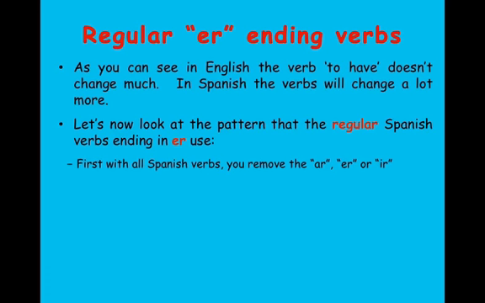That means the AR, the ER, or the IR. Then you're going to add a new ending depending on who's doing the action. And with regular verbs, you just remember that pattern and you'll do great. Of course, tener is not a regular verb, so we're going to have to memorize that one.